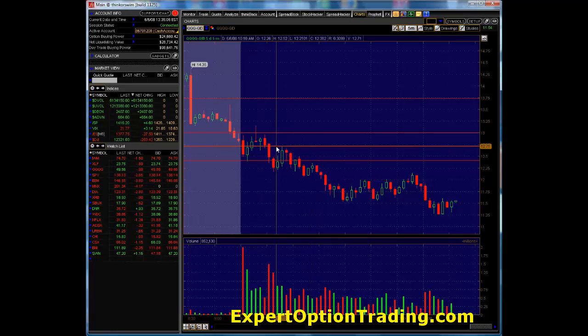So what I get is an emotional indicator, a sentiment indicator, by taking the difference between these two. My reasoning is that when people are buying the QQQs, you're going to see prices spike up.